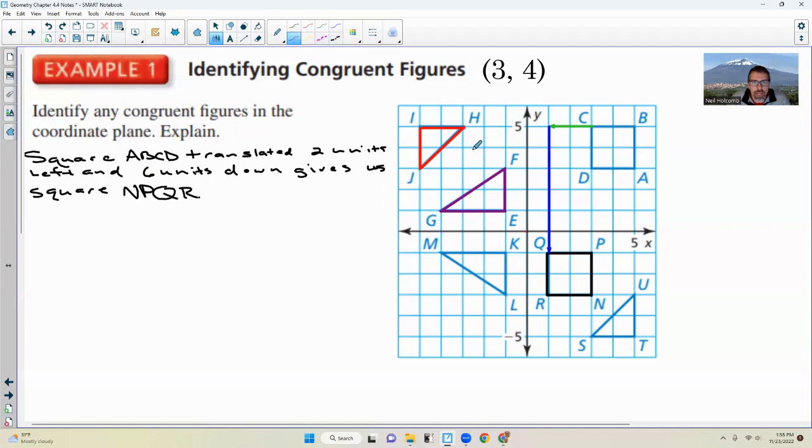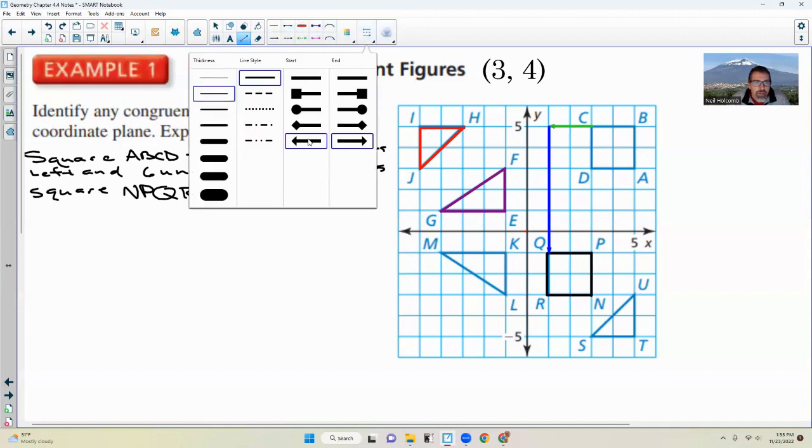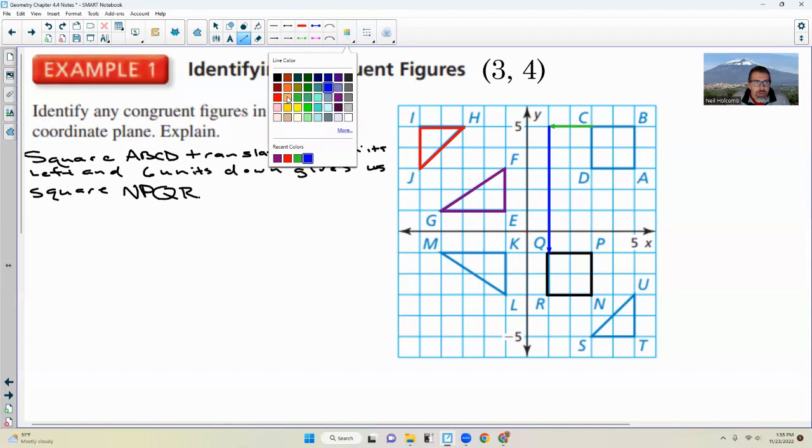And if we look at triangle EFG, and if I highlight my x-axis, E is 1 unit from that line of symmetry, K is 1 unit, G is 1 unit from the line of symmetry, M is 1 unit, and F is 1, 2, 3.